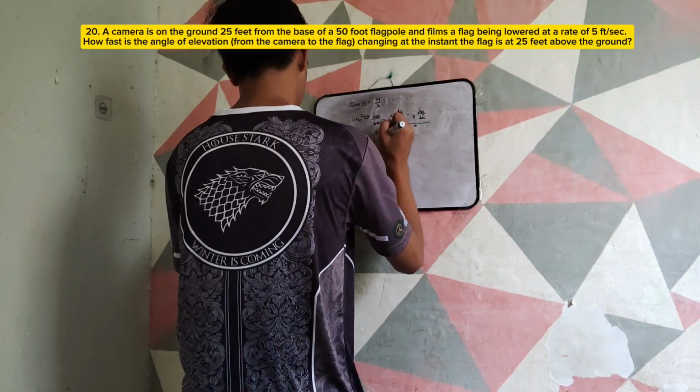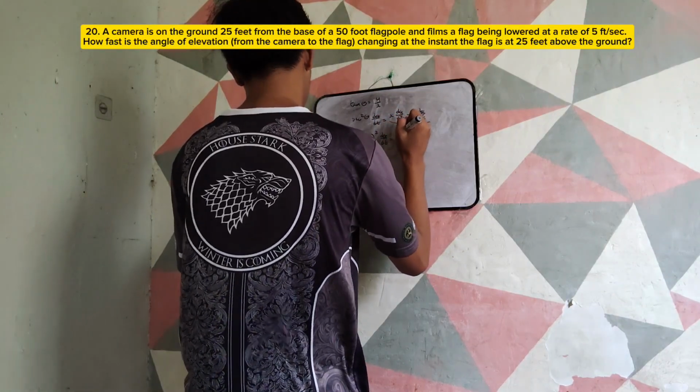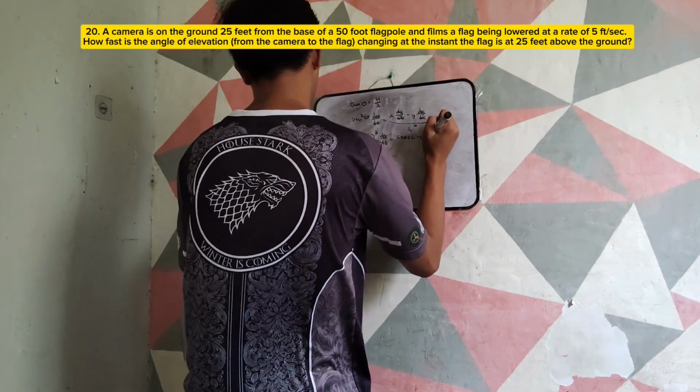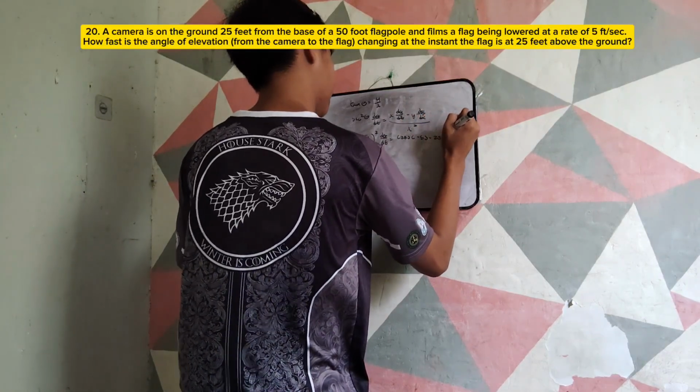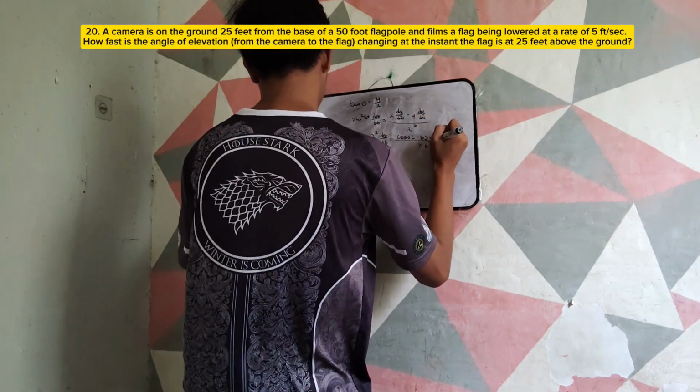So square root of 2 squared d theta over dt is equal to 25 times negative 5 minus 25 times 0 over 25 squared.